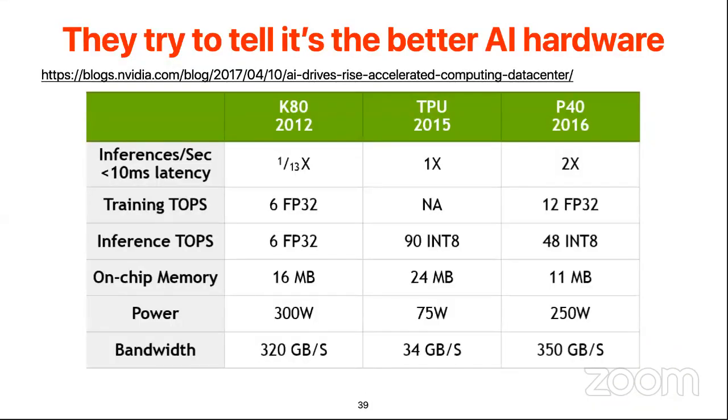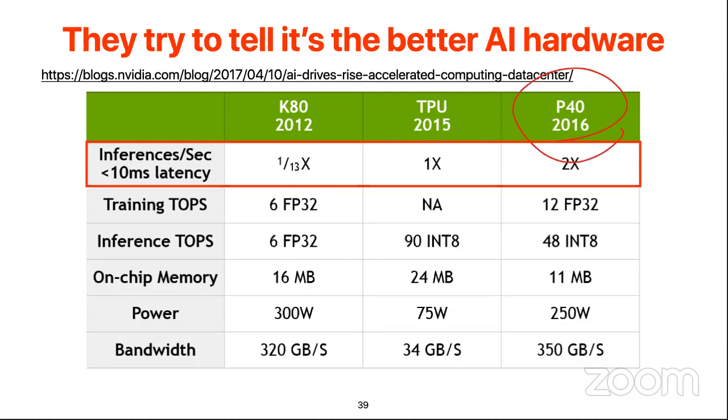Another thing, they try to tell you GPU is the best AI hardware, and in the meantime, there's something called TPU from Google, right? When they try to tell you why the GPU is better, they say we can do more inferences per second.